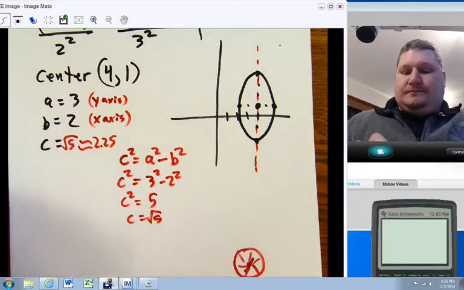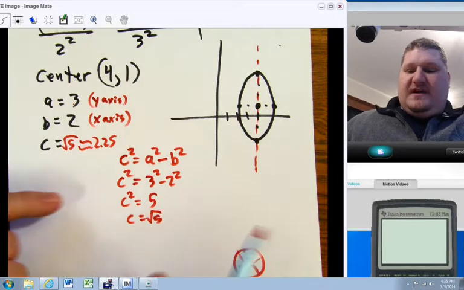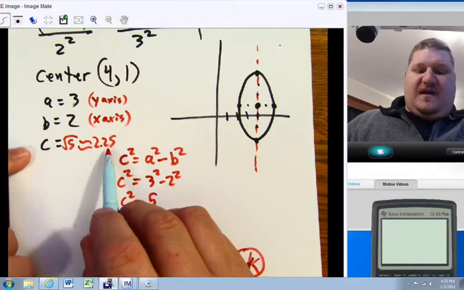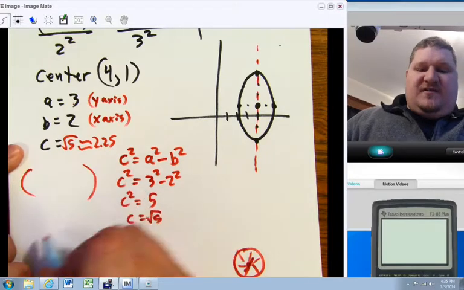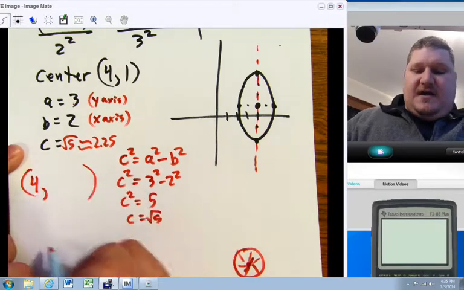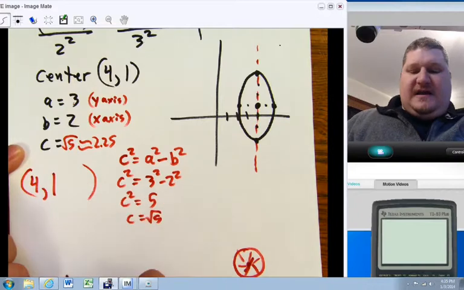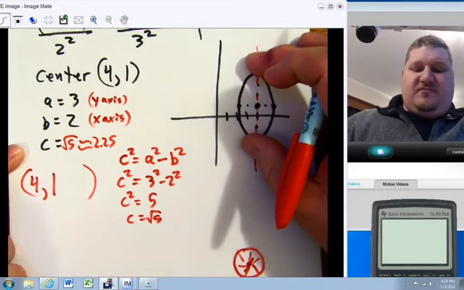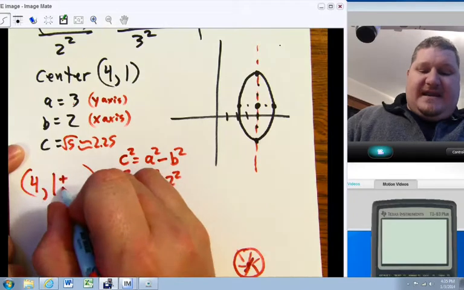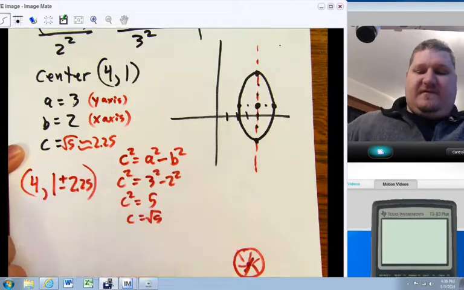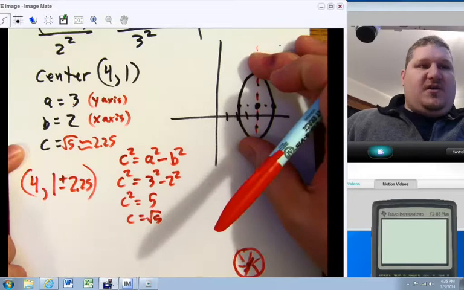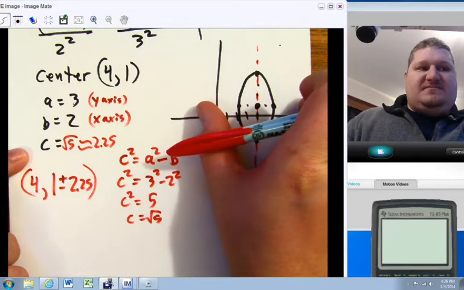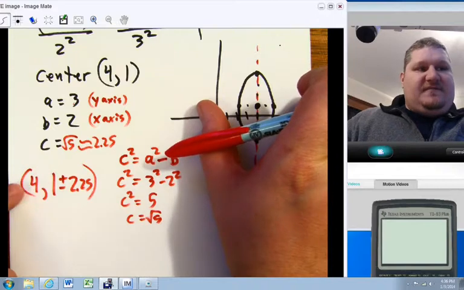Now, with this, we're going to say, okay, well, that's great. C is 2.25. What do I do with it? Well, in our case, it was (4, 1) at the center. Because our ellipse is bigger in the vertical direction, we're going to both add and subtract 2.25 to the y coordinate. If it were wider, we would add and subtract the c from the x.